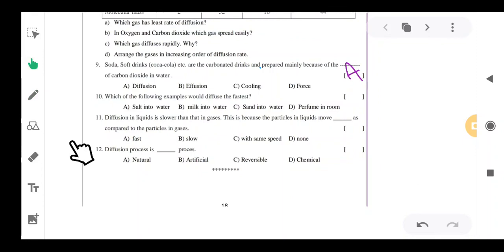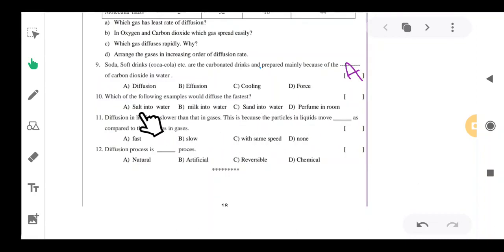Next, which of the following examples would diffuse the fastest? You have to choose from the following examples the fastest diffusion. First, salt into water, milk into water, sand into water, perfume in a room.